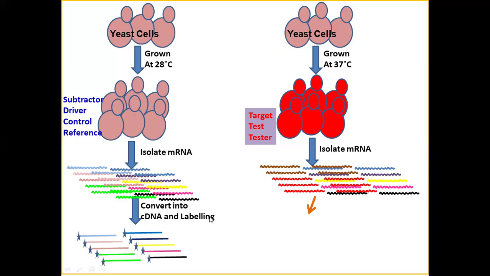Now we will take the cDNA from yeast cells grown at 28 and mRNA harvested from the yeast cells grown at 37. We'll hybridize them.